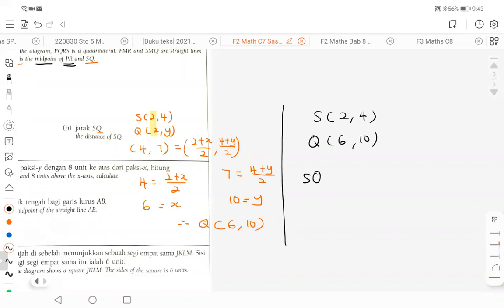So SQ equals the square root of bracket squared plus bracket squared. Insert the numbers: 2 minus 6, 4 minus 10. Then key in the calculator and you will get the answer.